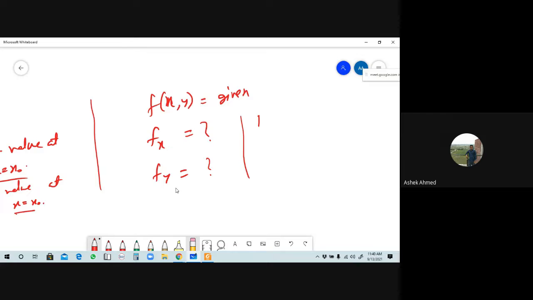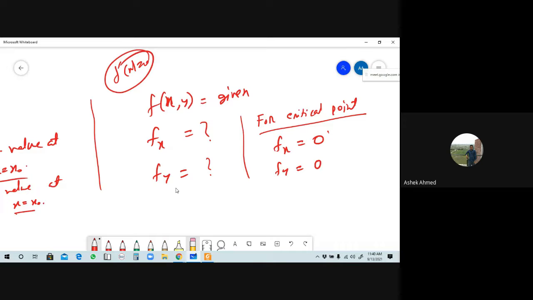for the critical value or critical point, you have to let f suffix x equal to 0 and f suffix y equal to 0. Earlier the concept was f prime of x equals 0, but in this case f suffix x equals 0 and also f suffix y is 0, both are 0.